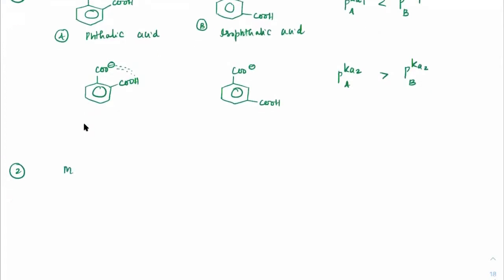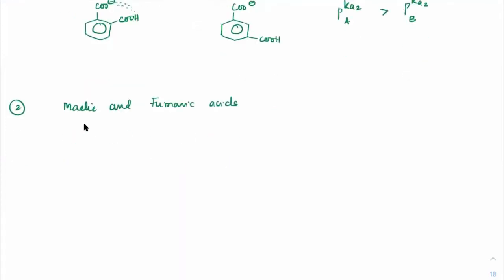See the next one. We'll consider maleic and fumaric acids. Maleic acid is the cis form of butenedioic acid, and fumaric acid is the trans form of this.